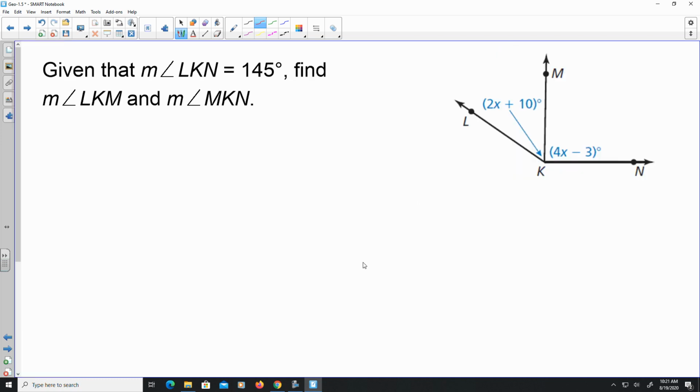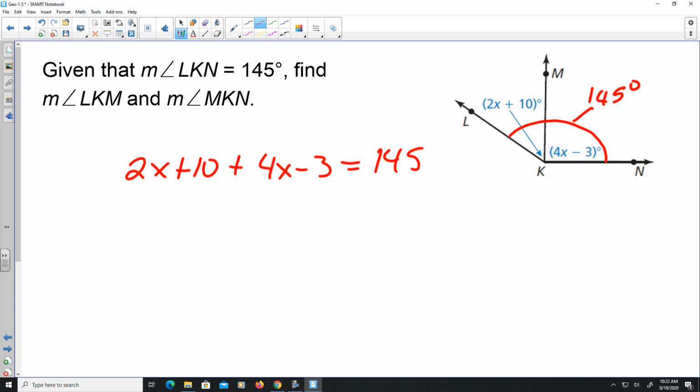All right, so now that that is given to us, let's see here. It says given that LKN is 145 degrees. So I'm just going to put 145 degrees. They want you to find LKM and MKN. In order to do that, we'll implement the angle addition postulate and we can say that 2x plus 10 plus 4x minus 3 will equal 145 because it's the whole thing.